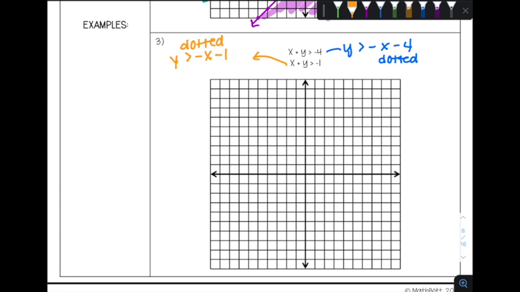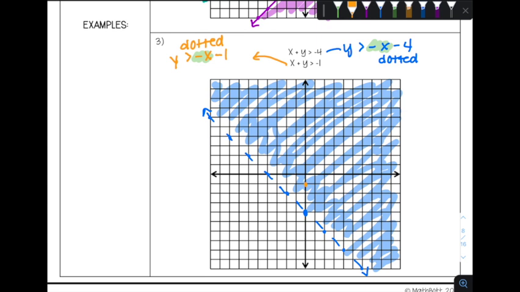If you notice, we have another set of parallel lines. So let's see what this situation with parallel lines is going to give us. So we have negative 4, and we have a negative slope. Then we have our next graph, which is negative 1, and our slope is the same.